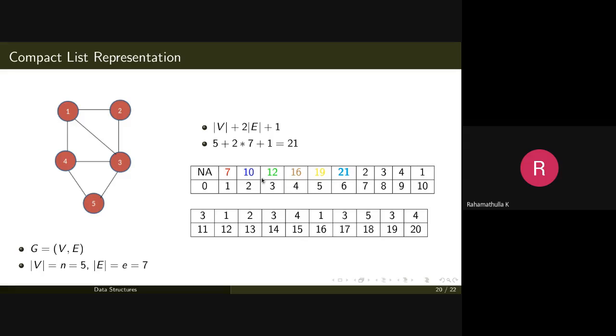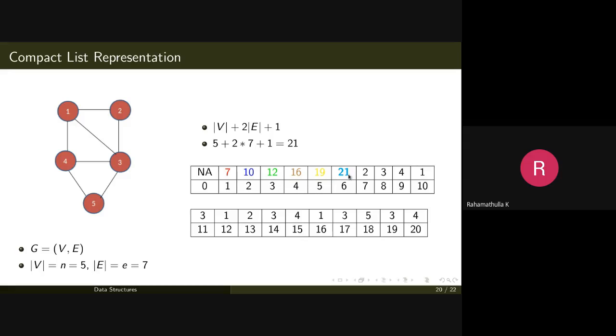Now we can say how many edges there are from each vertex. Vertex 1 has 10 minus 7 edges. Vertex 2 has 12 minus 10 edges. Vertex 3 has 16 minus 12 edges. Vertex 4, 19 minus 16.